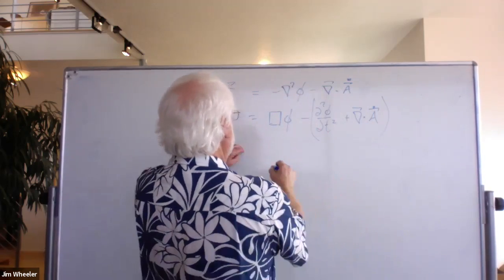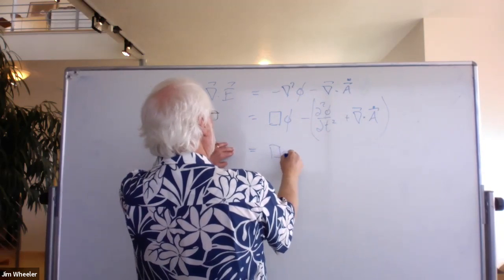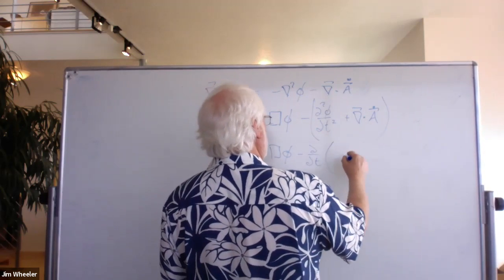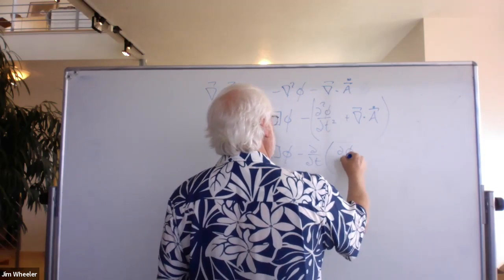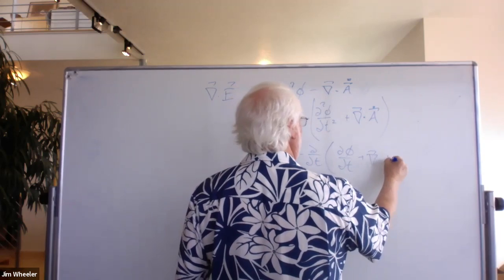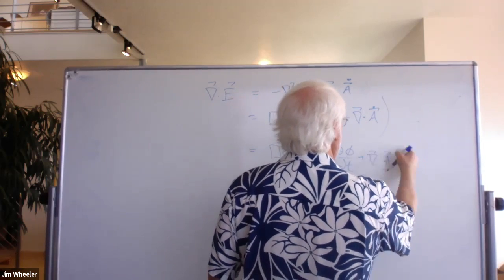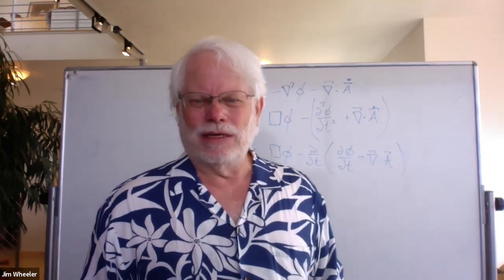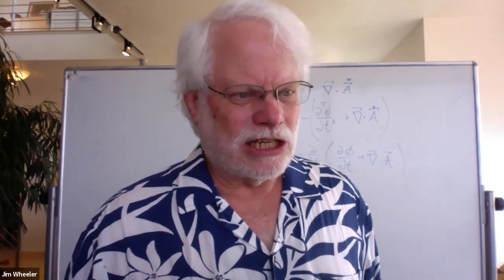And this business I can write as a time derivative of d phi dt plus del dot A. This looks a lot like the continuity equation or something. Well, it's actually a gauge condition, right? We can make that vanish by choosing the gauge right, and I'll show that in a minute.